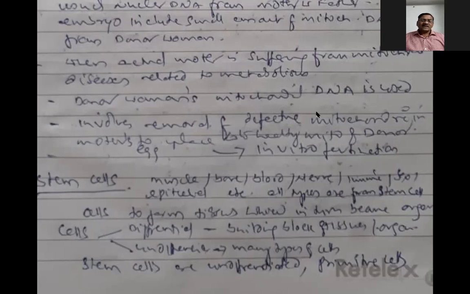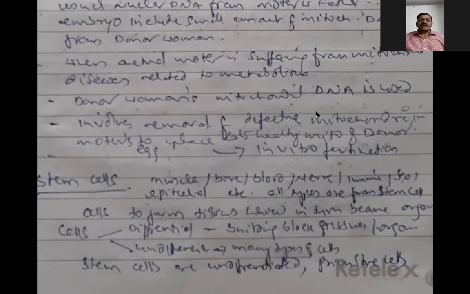What happens? This induced pluripotent stem cell is just like a stem cell. You can induce it from the somatic cell also. This pluripotent stem cell can be induced by an external technique, and you can introduce such a pluripotent stem cell into the embryo.